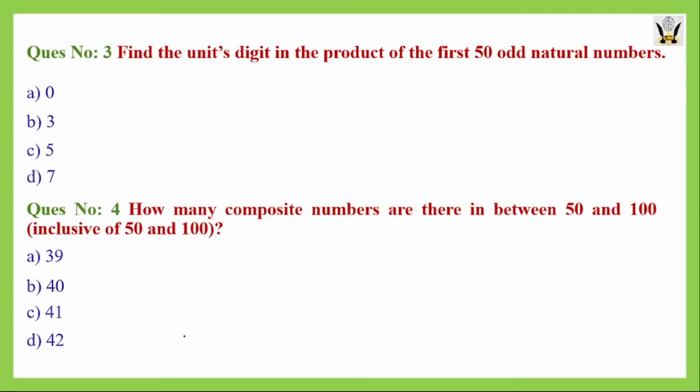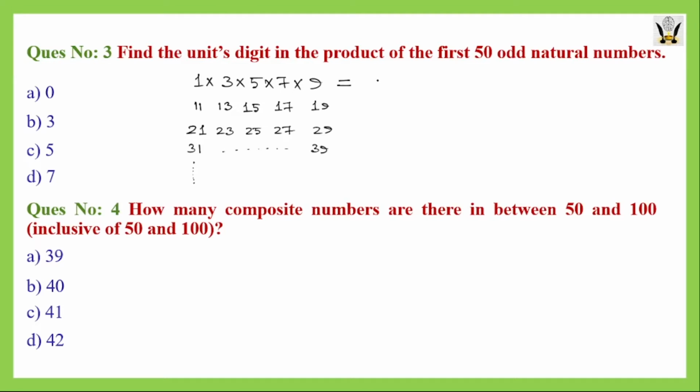So again, if we arrange all our 50 odd natural numbers in sets, then in each set we will have 5 odd natural numbers. So if we consider the first set and do the multiplication, the result is 945, and at the units place the digit will be 5 as we are multiplying by 5.